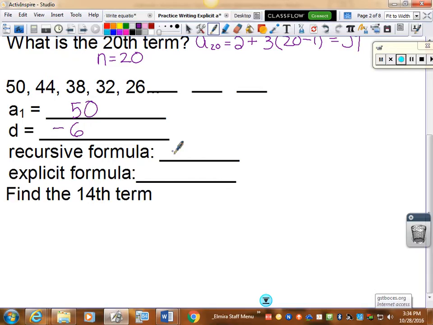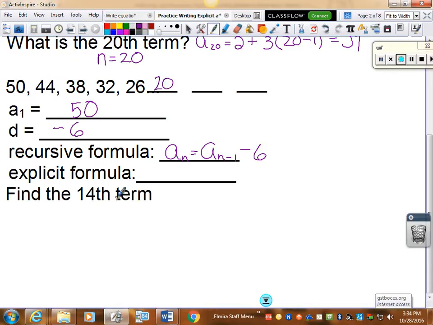All right, for my recursive formula, if I want to know the next term, I take the previous term. Remember, this whole thing means previous term, 26, and I subtract 6. All I have to do is sub in my d.